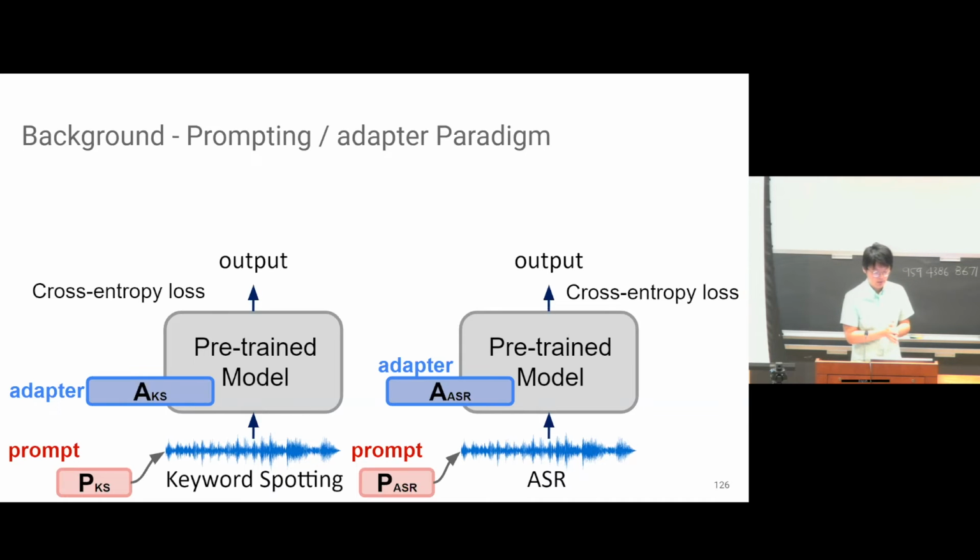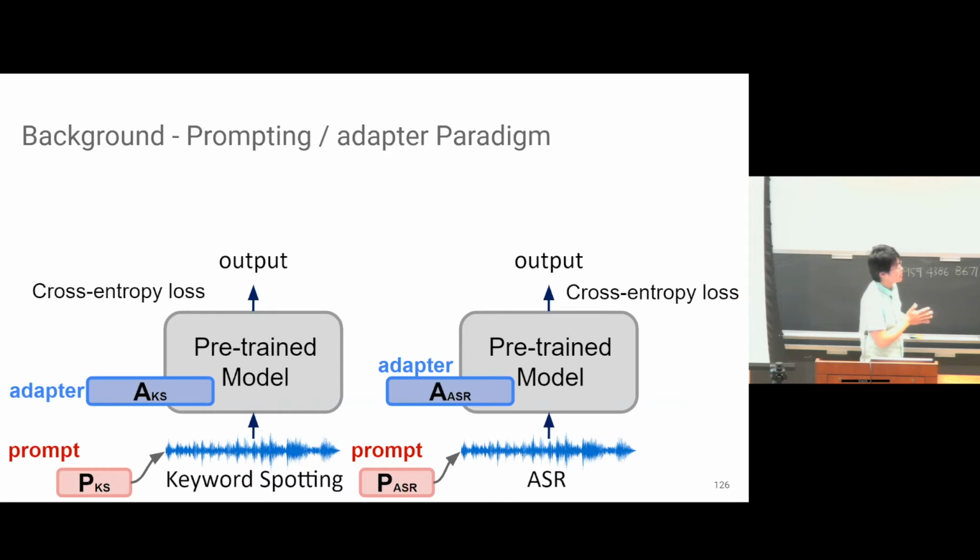Here, prompting and adapters are two very promising techniques that have shown a lot of efficacy in NLP. Prompting is the idea of adding some tunable parameters ahead of your inputs. Like here, we show that before the input of keyword spotting or ASR, we add some tunable parameters.